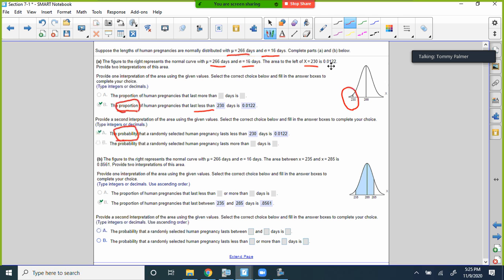So basically, the area below it is saying that at 230 days you have a probability of 1.22% of that happening. I'm not sure what that equates to in months because I don't have my calculator, but it's less than 8, about 7.5 months, because 240 would be 8 if you consider 30 days a month.